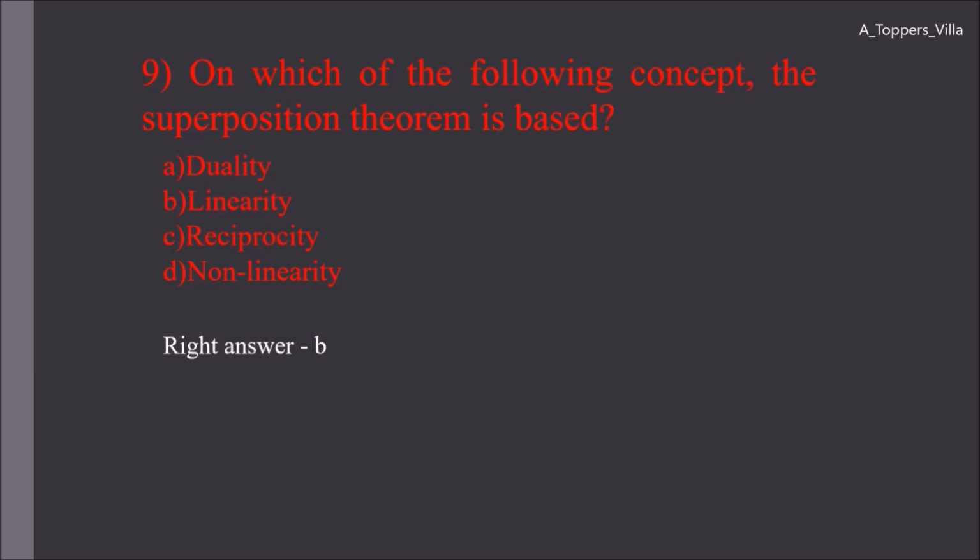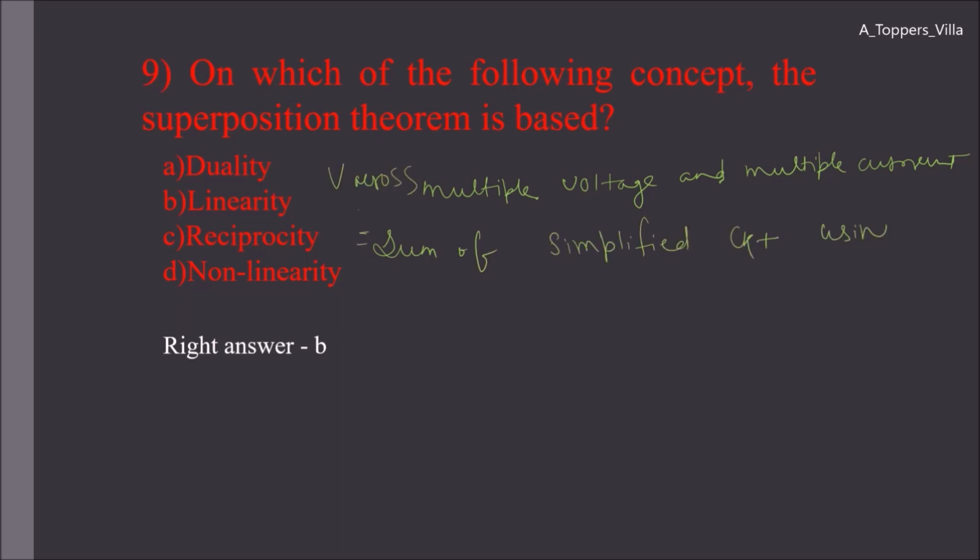The superposition theorem states that in a circuit with multiple voltage sources, in this situation, how can we find the value of current or voltage across any element? It states that a circuit with multiple voltage and multiple current sources is equal to the sum of simplified circuits using one of the sources at a time.